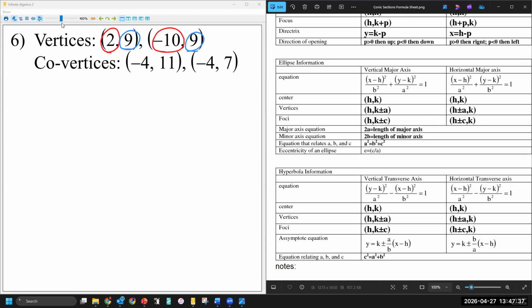Which one's changing? Well, the x value is changing. If the x value is changing, then it's got to be horizontal. Well, for vertices, my equation has the x value changing under horizontal, not vertical. So I know this one has to be horizontal.